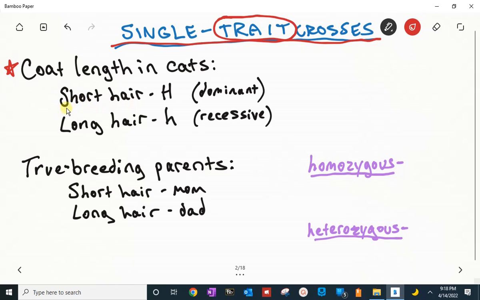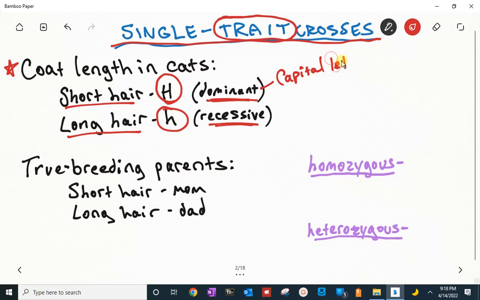The short hair is going to be the dominant allele, and that's going to be represented by a capital H. The long-haired cat is going to be the recessive allele, and that's going to be represented by a lowercase h. And dominant is always a capital letter, and recessive is always a lowercase letter.